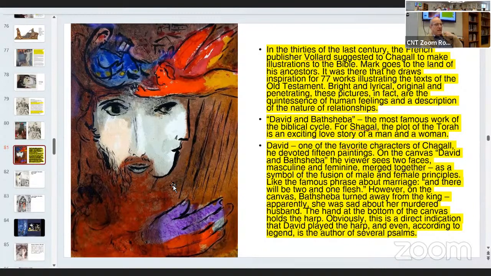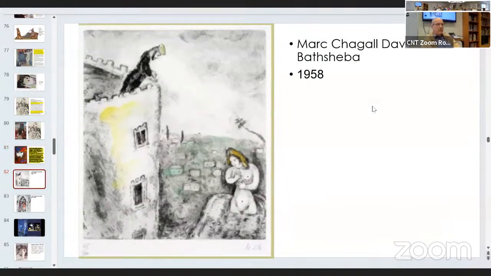And that's, again, his lust, his wantings. There are angels wandering here. And it really, I think, represents the inside soul maybe of David, the sinner, in many ways. Here's another Chagall from 1958.